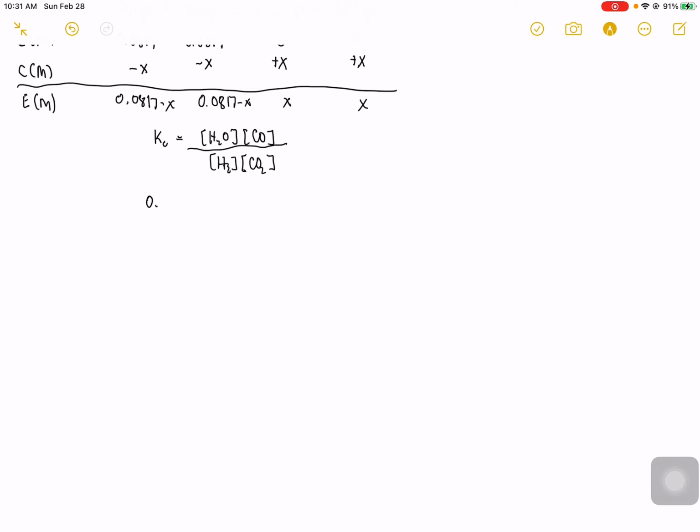K sub C is 0.534. And from our ICE table, we can now write the following. For water, we have X. Carbon monoxide, its equilibrium concentration is also given by X. And that is divided by the equilibrium concentrations of hydrogen and carbon dioxide.